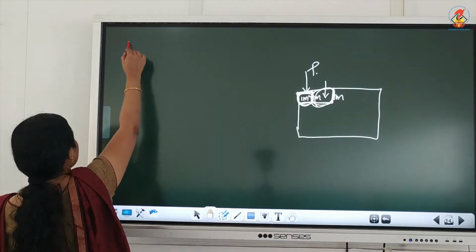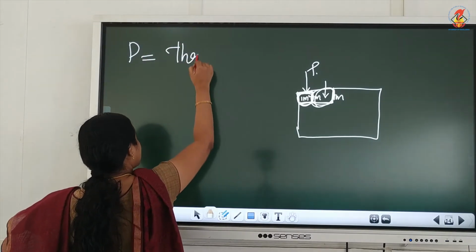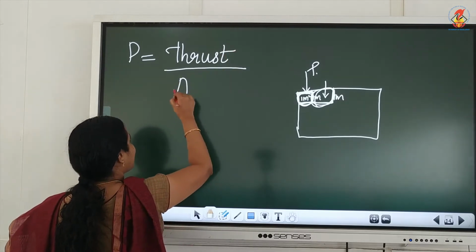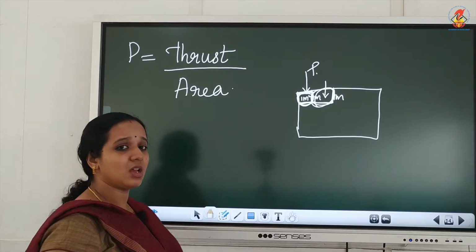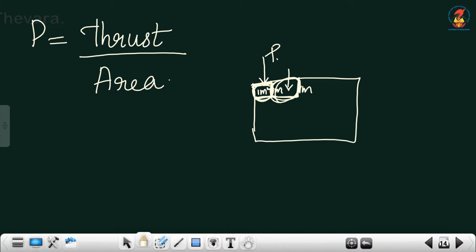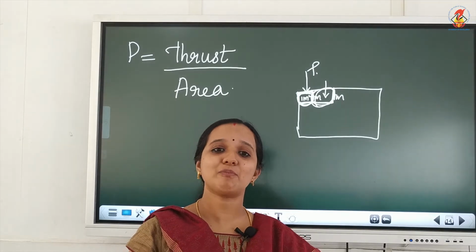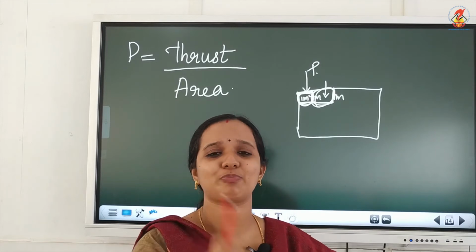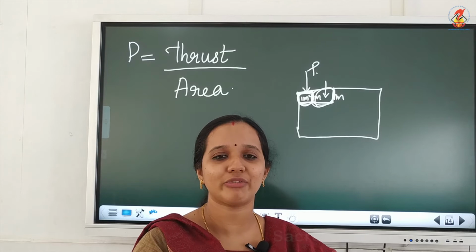So we can write pressure as the thrust or the force acting per unit area. So P is equal to thrust by area. This is the formula to find pressure. It is the force that is experienced by a unit portion of an object, a unit area of an object.